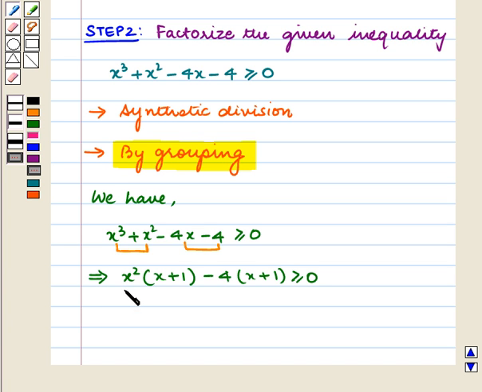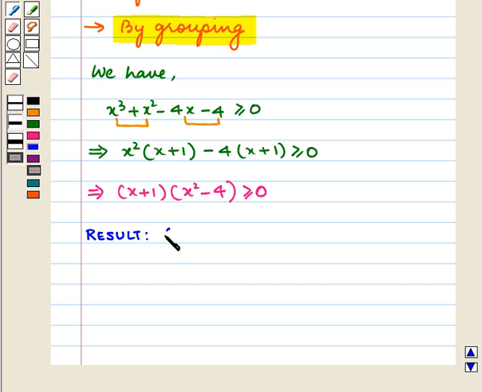Now x square into x plus 1 minus 4 into x plus 1 greater than or equal to 0 implies x plus 1 into x square minus 4 is greater than or equal to 0. As we know, a square minus b square is equal to a plus b into a minus b.